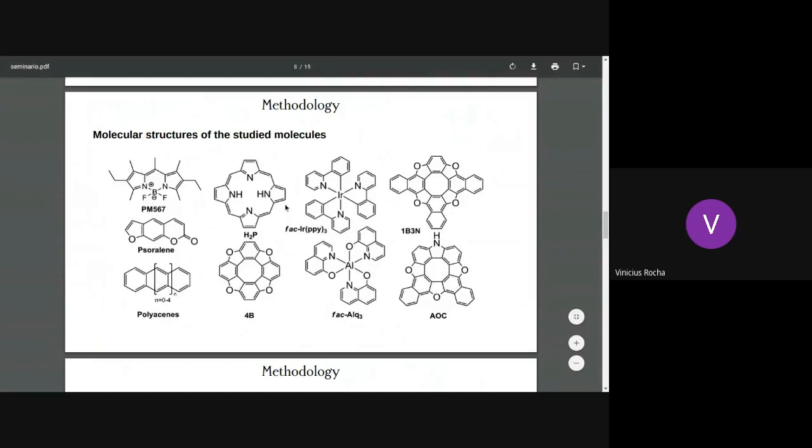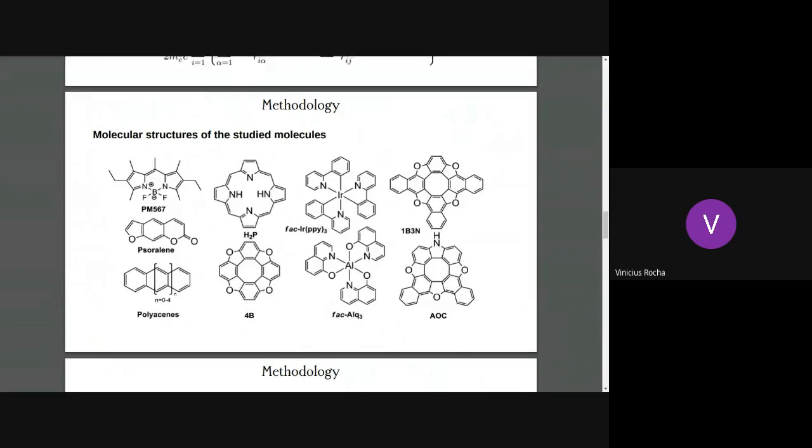Now here we have the molecules studied in this work. The molecules were chosen for many reasons. The PM567 here, for example, has a very large fluorescence quantum yield and is often used in laser devices. Psoralen has a very small fluorescence quantum yield and a large intersystem crossing rate, and it is therefore used in photodynamic therapy applications.